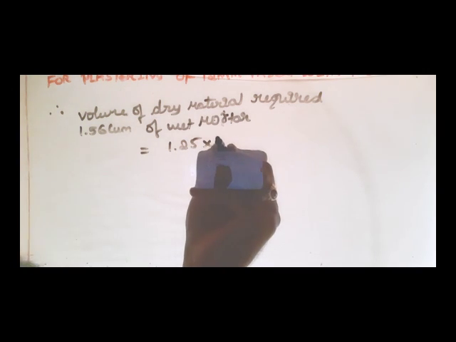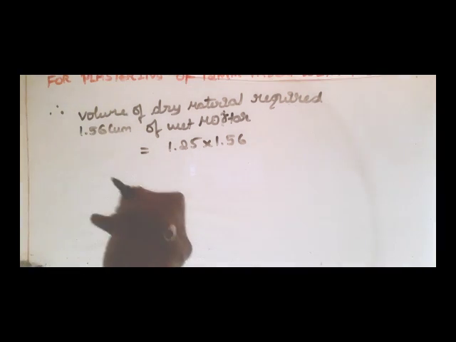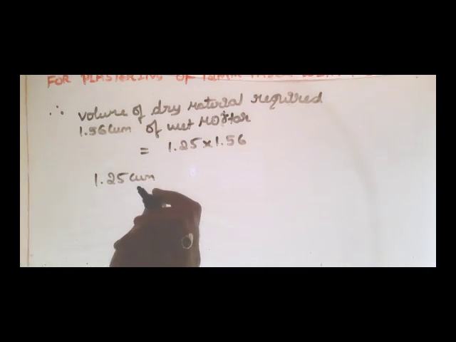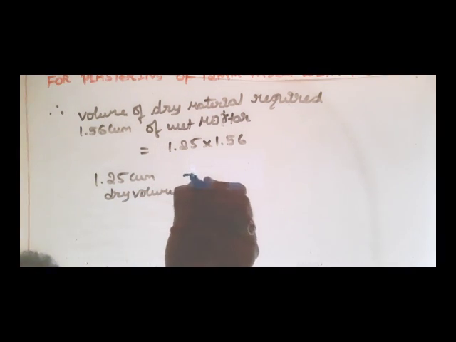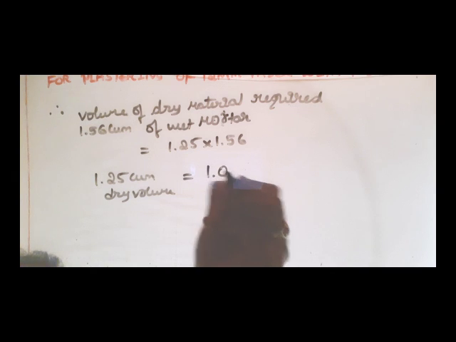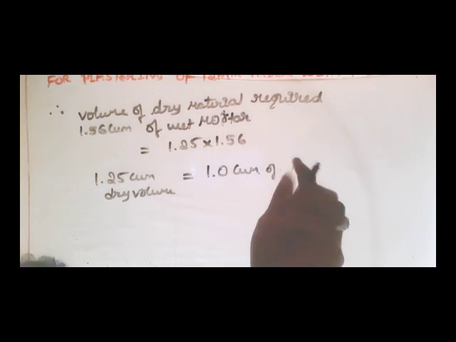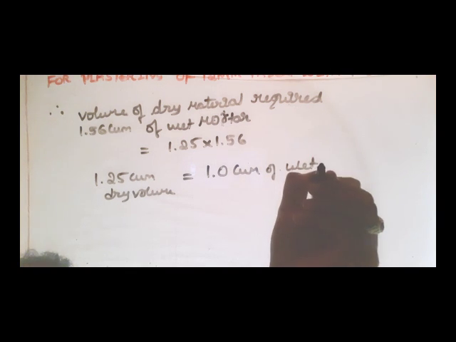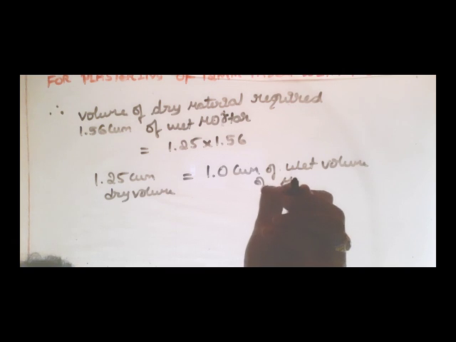into 1.56. How did you get this? Again, I'm going to explain it in another way. In a simple way, 1.25 cubic meter of dry volume produces 1 cubic meter of wet volume of mortar.